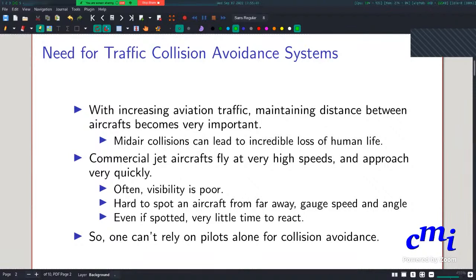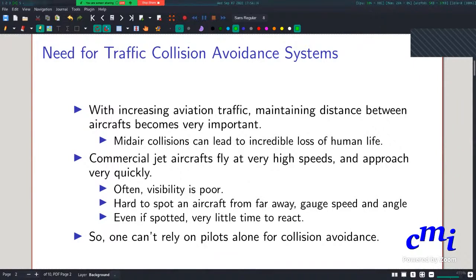The issue with aircraft is that they're really fast, they're really hard to spot if they're far away, and they approach each other very quickly. Even if they don't collide, if aircraft get within about 1 kilometer of each other, the turbulence caused by one plane can lead to a loss of control in another. So they have to maintain a good amount of separation at all times.